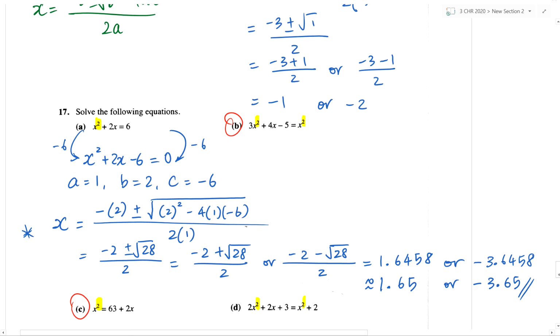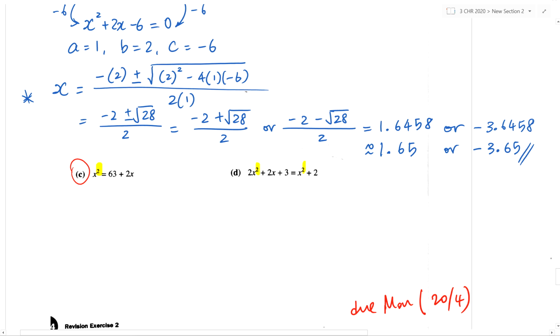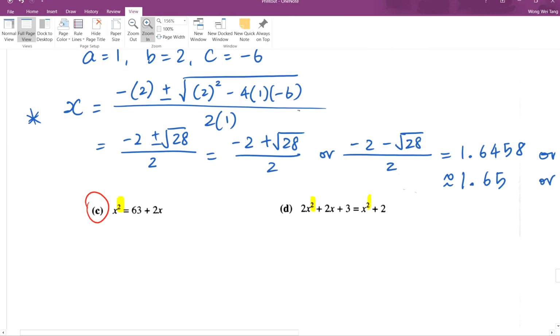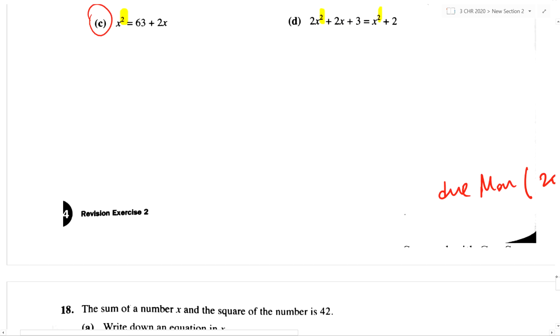The final question I'm showing you is part D. Again, I see x squares, which means I should use my formula. But the right hand side is not equal to 0. I need to make it equal to 0. So I do so by subtracting x squared.